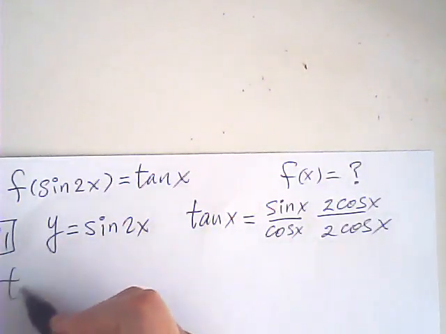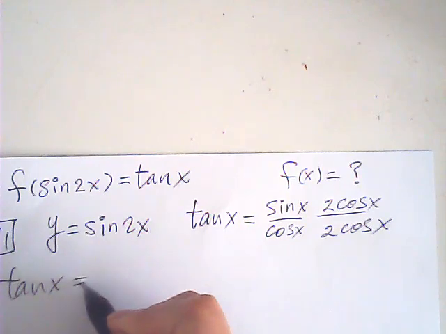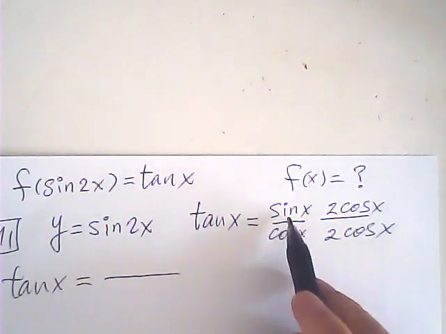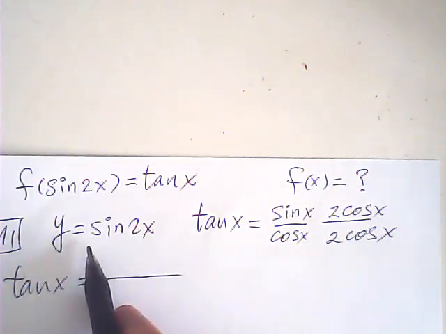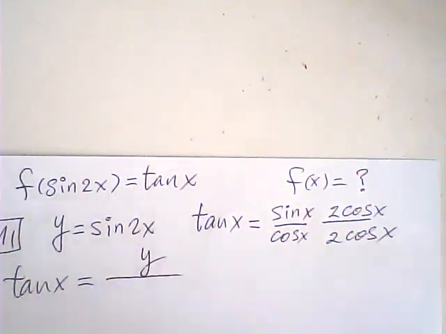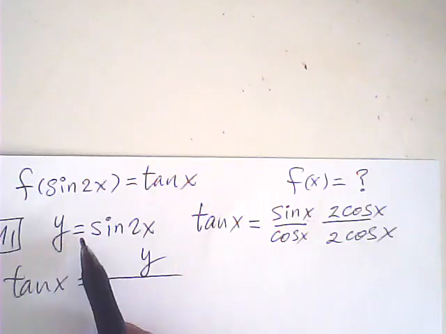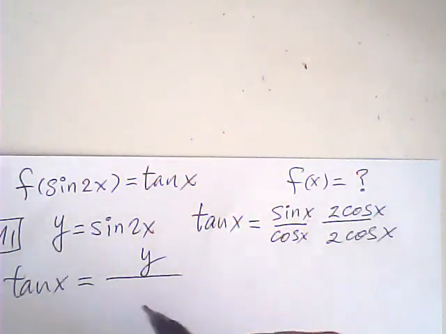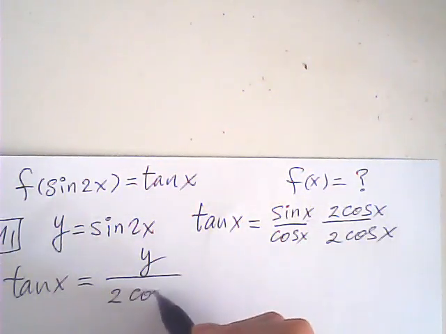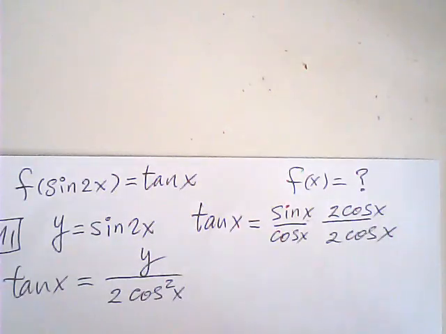So obviously tangent x is equal to, this time this one is my y, right? This is this. Then this is a 2 cosine square x.